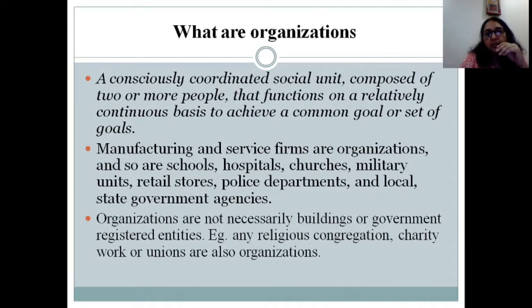Now, this definition has some key features. Firstly, the organization is a collection of human beings who are interacting with each other in an organized way. And secondly, the members of the organization have a common sense of purpose. They have a common goal to achieve.